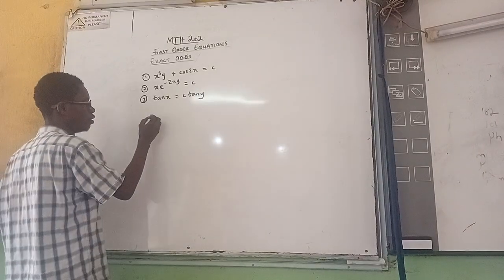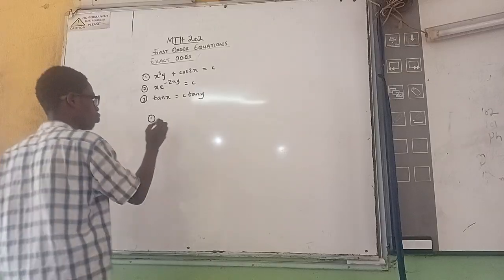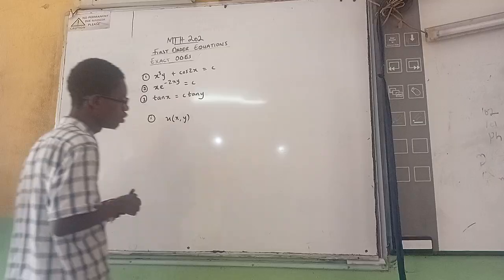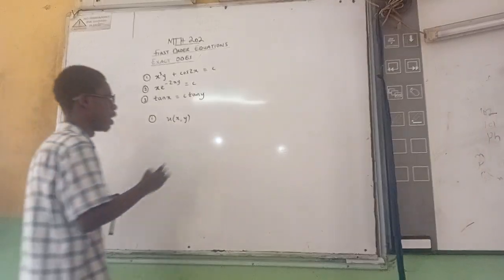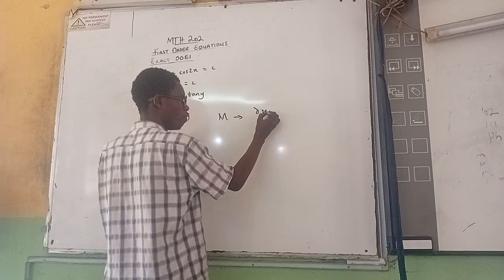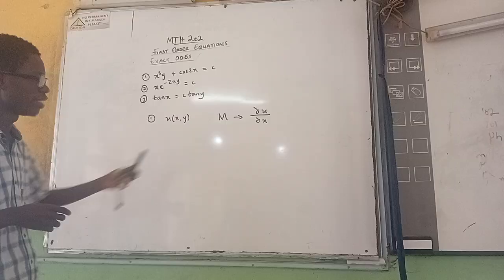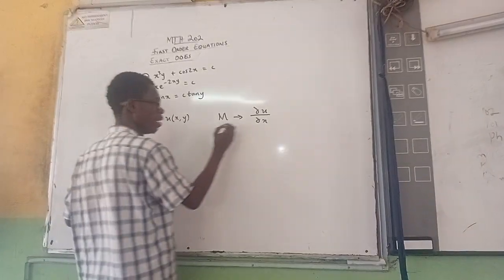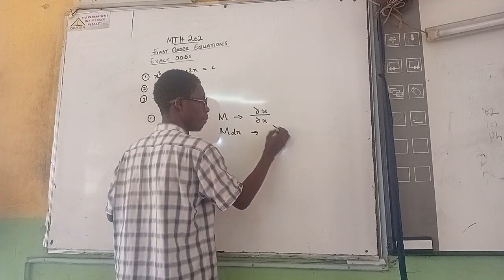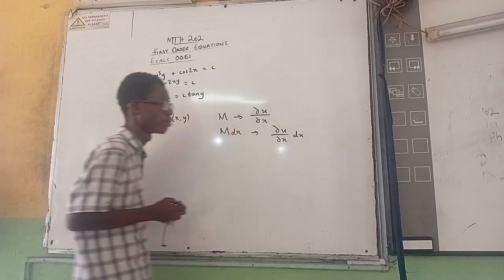How do we do that? The first one, we have x cubed y plus cos 2x, and this is our u, which is a function of x and y. Now there's one thing we have to know. M is the partial differentiation of u with respect to x, which means M dx is the partial differential of u with respect to x, dx.